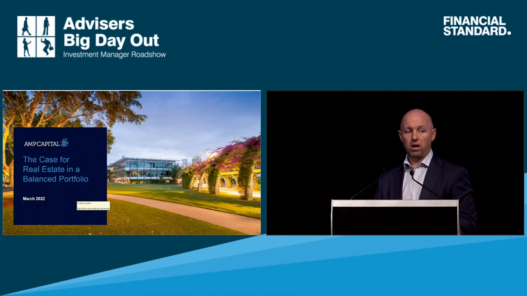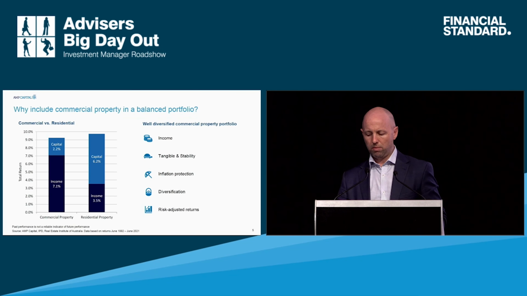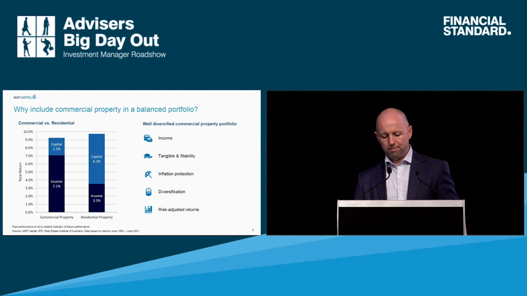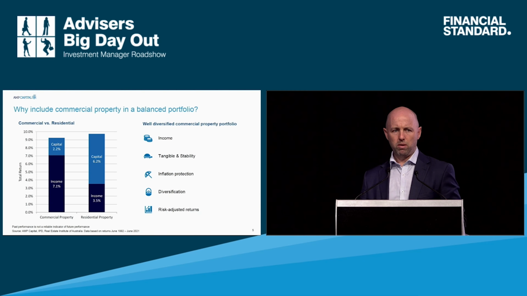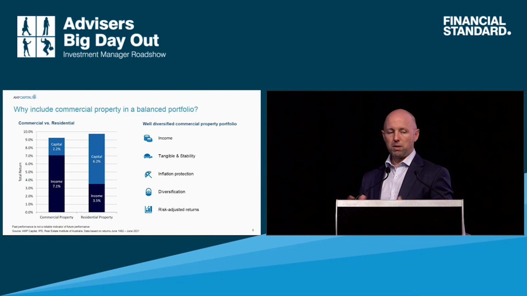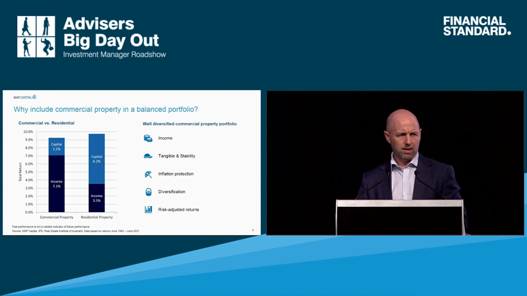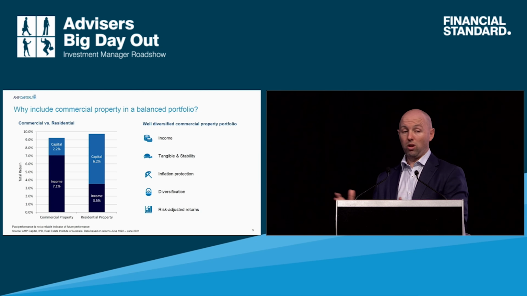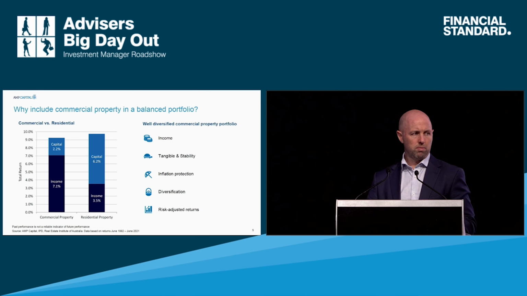So let's begin. Why might you choose to invest in commercial real estate? Well, let's face it, most people when they first think about real estate as an asset class, think very much about residential real estate. And that's because we're all familiar with residential real estate, we live in it, and a lot of people will have an investment in it on the side.